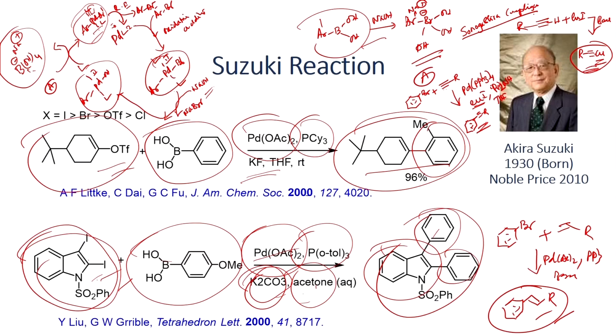Once you form this one, as we have seen, this also can undergo oxidative addition, as we have just seen, and you will be able to have this intermediate, which can now undergo reaction with this copper alkyne derivative via transmetallation.